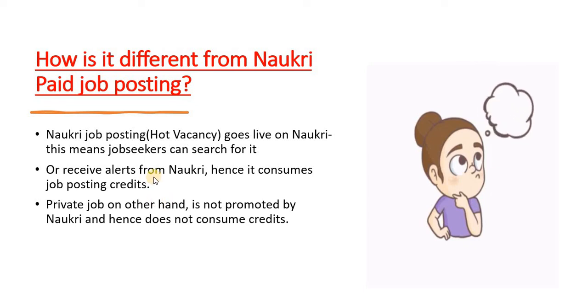Basically, it sends the alert once any job seeker applies for this kind of opportunity. So it gives an alert from Naukri, and it also consumes a job posting credit. If we talk about the private job, on the other hand, it is not promoted by Naukri, hence it doesn't consume any credit.